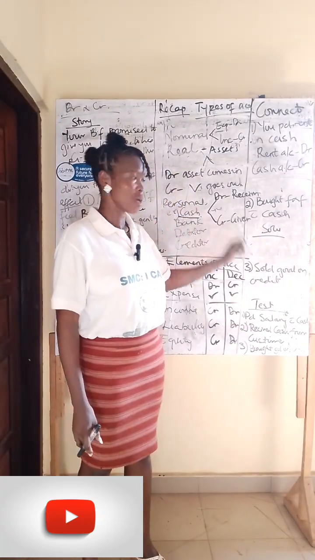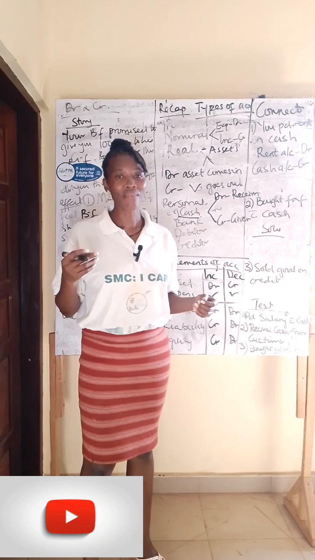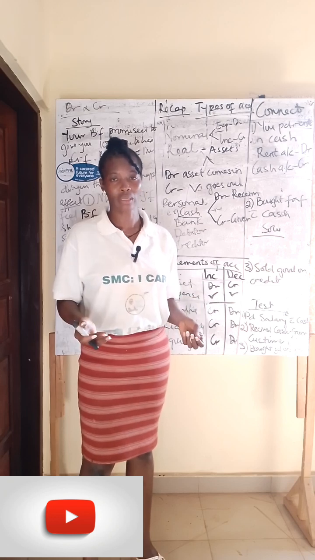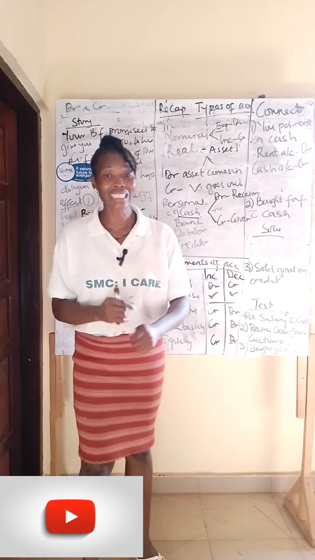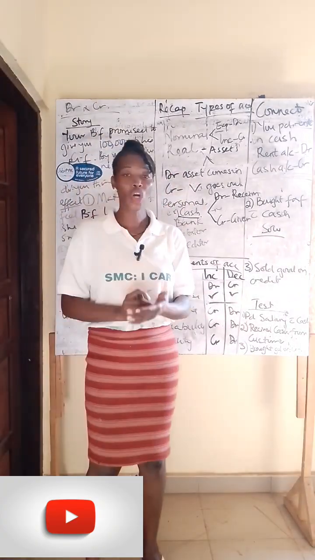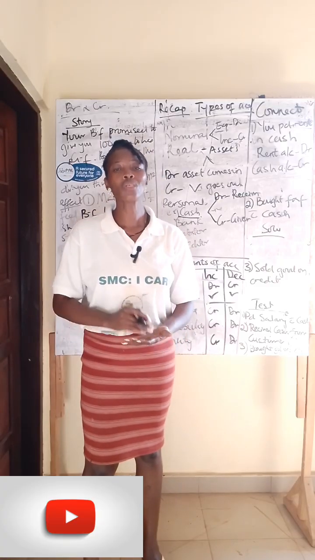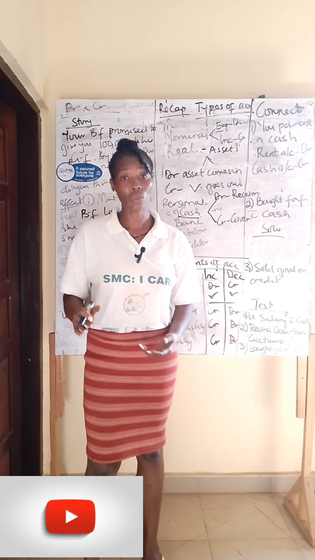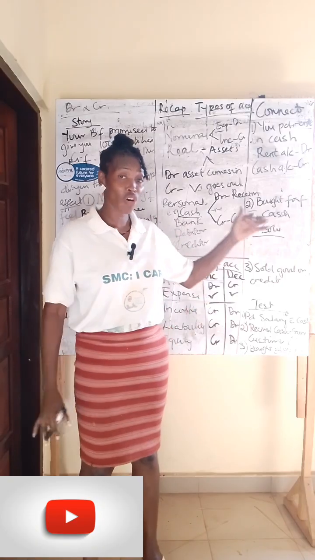Are we together? Rent paid is an expense. If you don't have rent, you cannot do your business most times. But expenses are the costs you incur so you can run your business on a daily basis. But assets are things that belong to the business for more than 12 months. Once you have anything that's going to last more than 12 months and it belongs to the business, it is an asset.